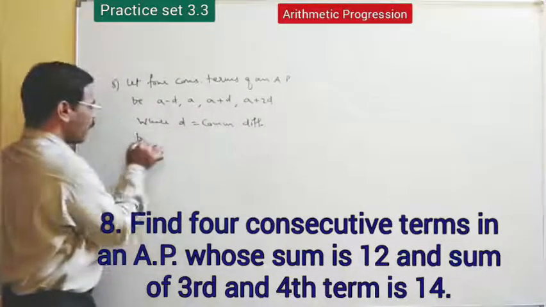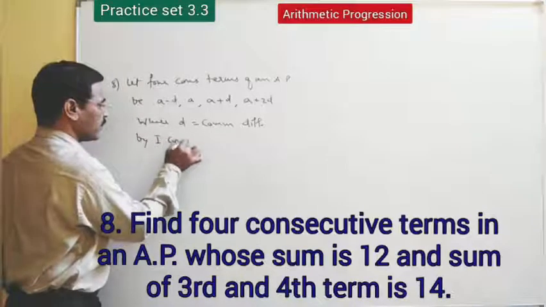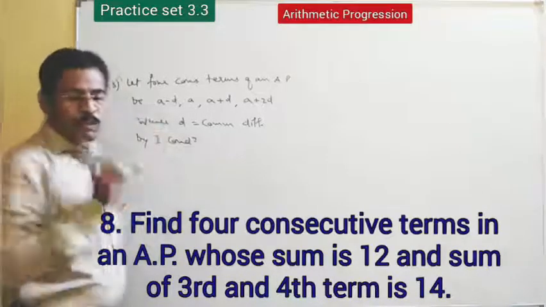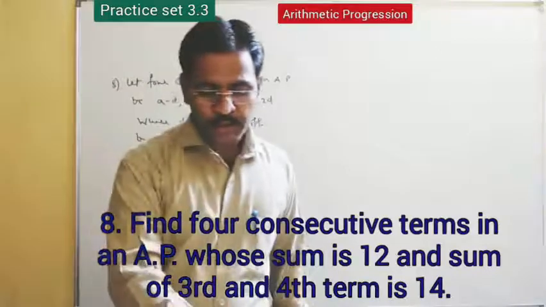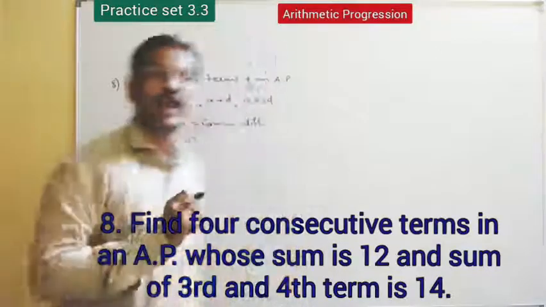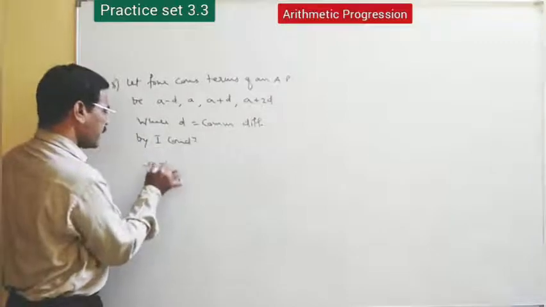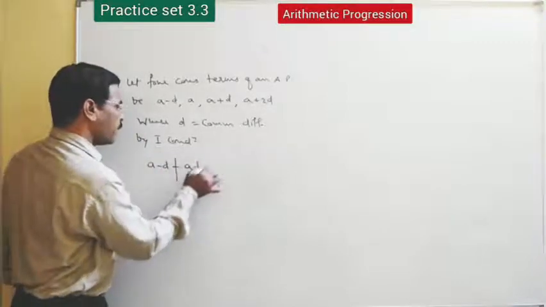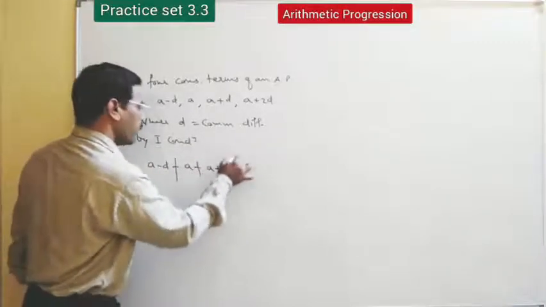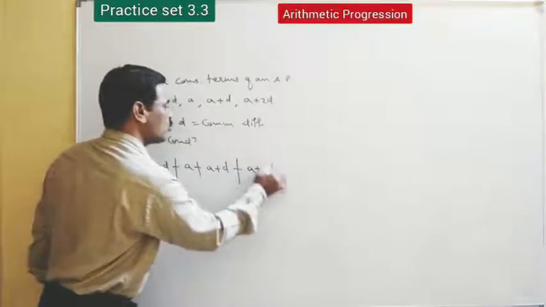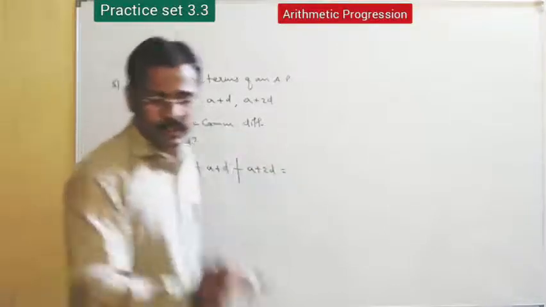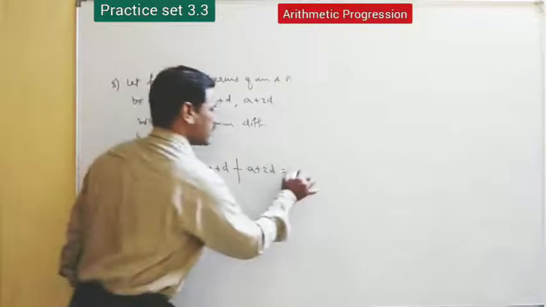By the first condition, what is condition number 1? The sum is 12. Meaning the sum of all of them: a minus d plus a plus d plus a plus 2d, that is 12.